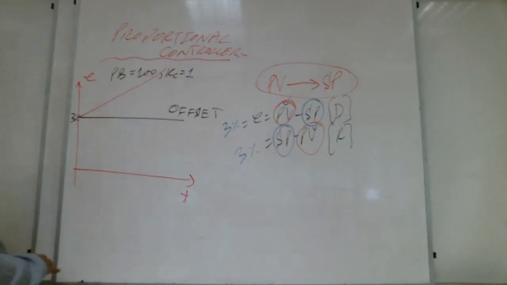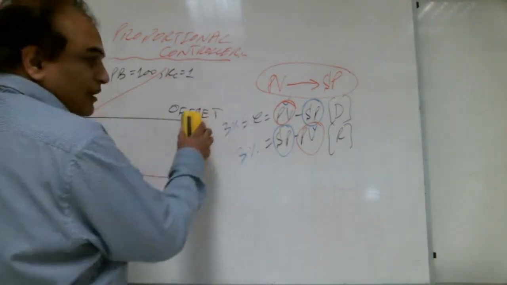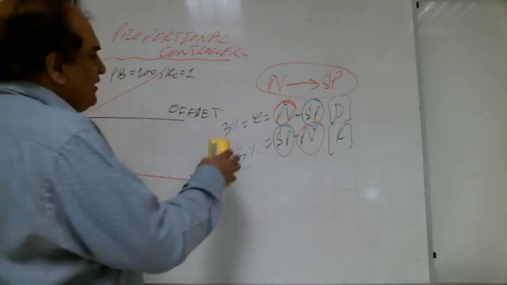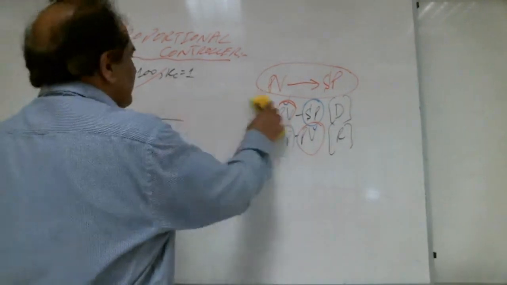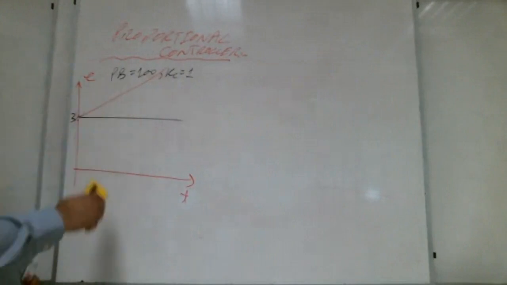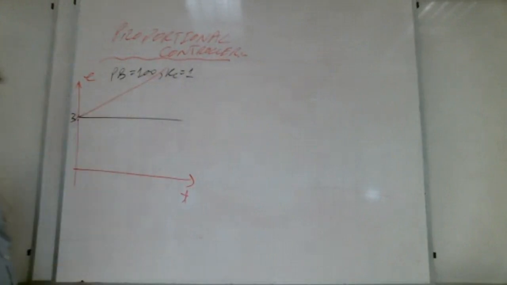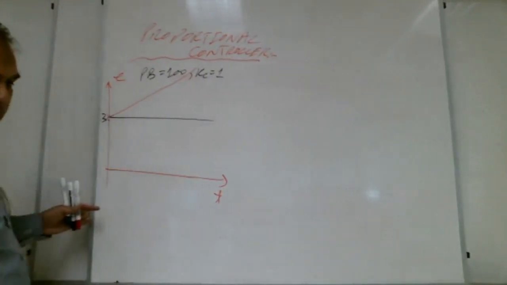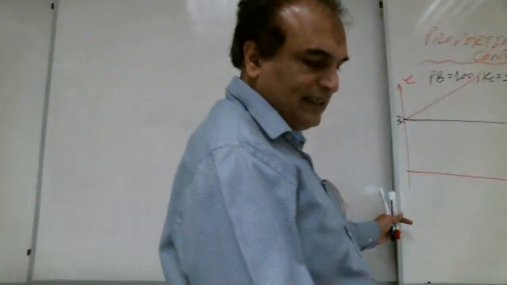So what is the solution, Shabab? One of our brothers told us, a lot of brothers are writing here: integrate it. That's what we already saw. So from where do we get the concept of integral control action?